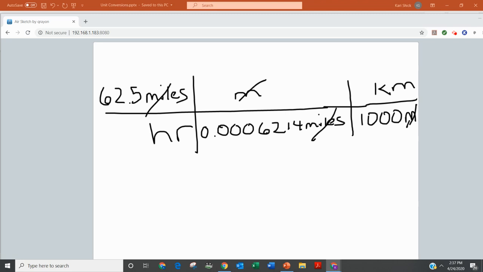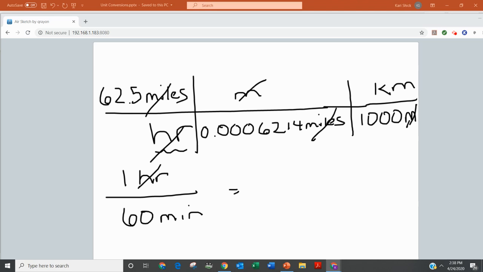And I need to still get rid of my hours and convert it over into minutes. So sorry, I have to continue this over onto the next line. I've got 1 hour and 60 minutes. So my hours cancel, so I'm left with kilometers and minutes.